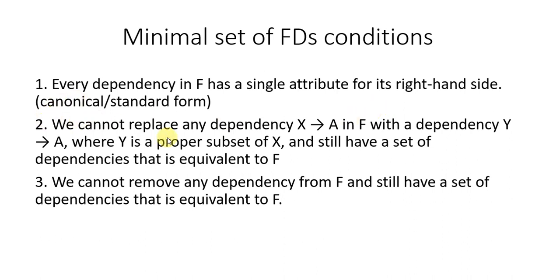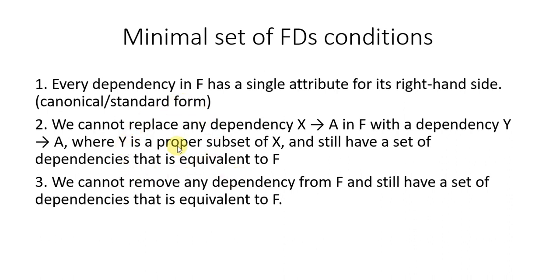And the third condition is that we cannot remove any dependency from F and still have a set of dependencies equivalent to F. So that is redundancy, which should also not be there.